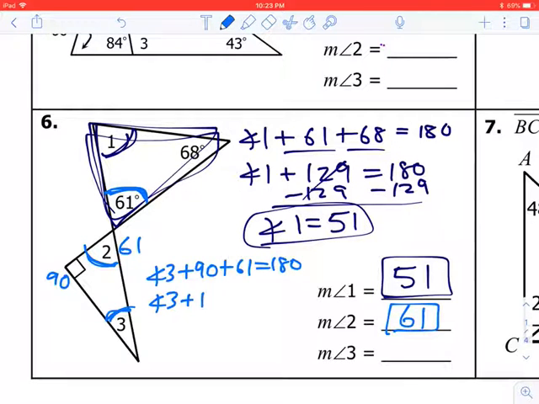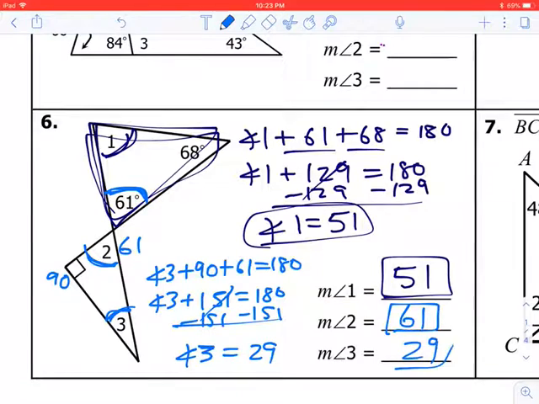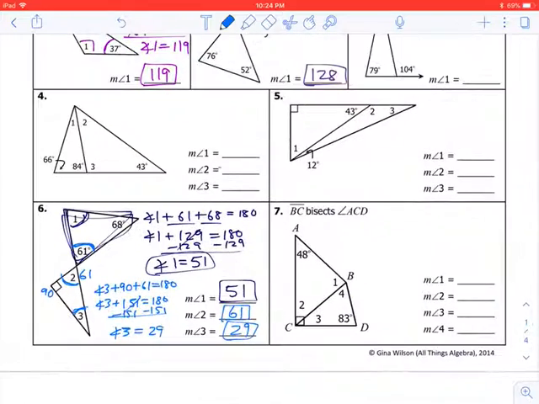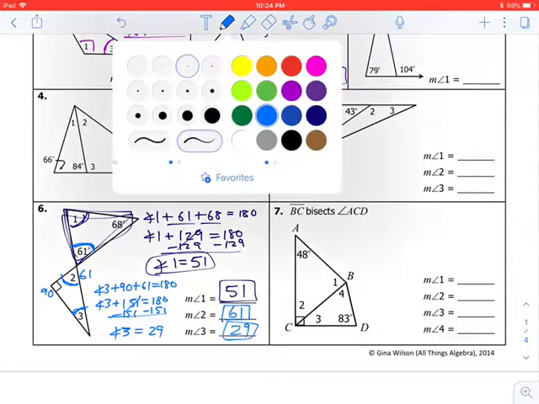So 151 equals 180, and when I subtract 151, that's going to give me my answer. So angle 3 equals 29. There we are. So you can use either way on that to get the missing angle.